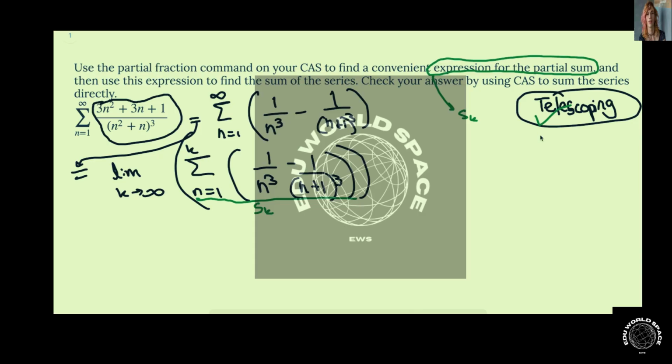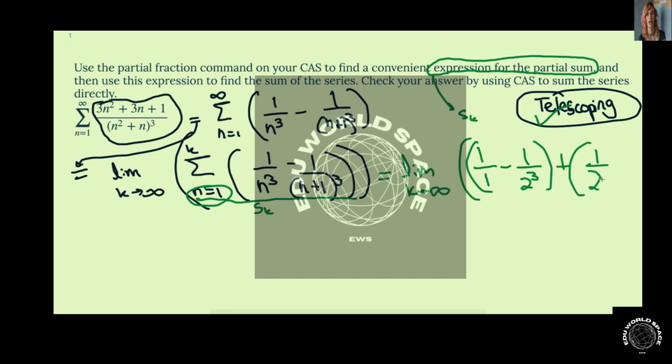use the telescoping method. So now the telescoping method will keep writing that limit until the very end, k goes to infinity. So now we start plugging in values of n. We start at 1. So we have 1 minus 1 over 2 cubed. And then we have 1 over 2 cubed minus 1 over 3 cubed.